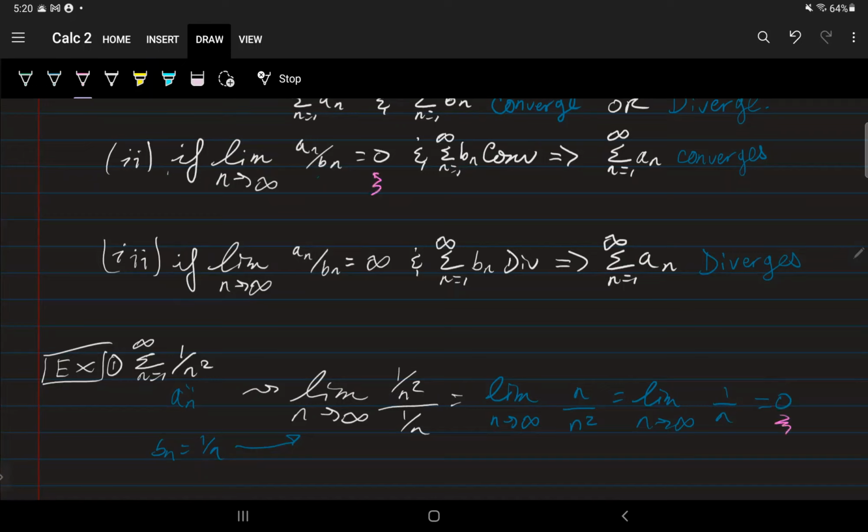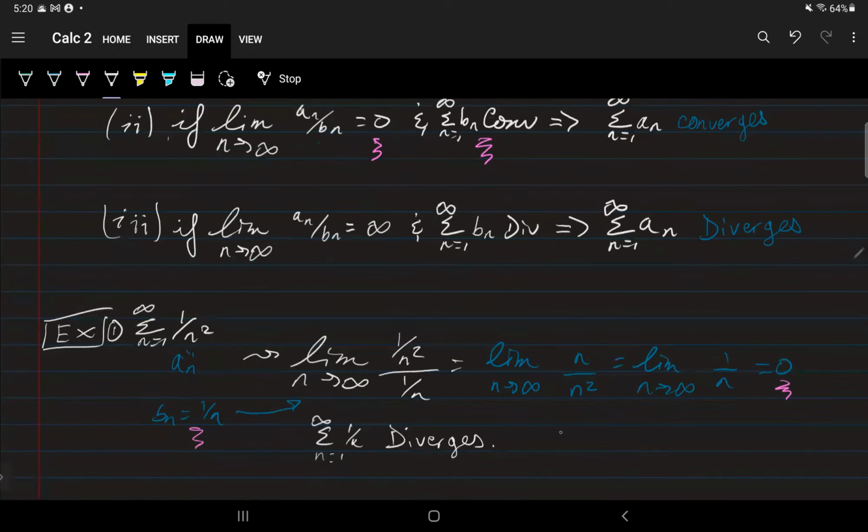In order for us to be able to say anything about An, we need that Bn converges, okay? And in this case, Bn is 1 over n, and we know that the sum of 1 over n from 1 to infinity diverges because it's harmonic.